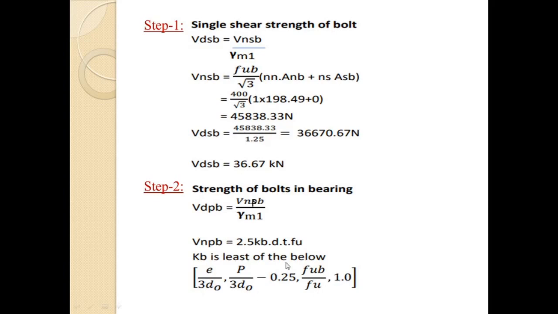The minimum value we take as the KB. D is the diameter of bolt, T is the thickness of the thinner plate, and Fu is the ultimate strength of plate.